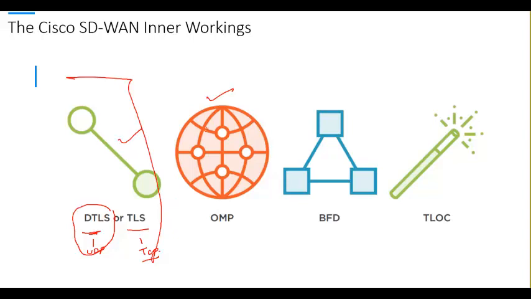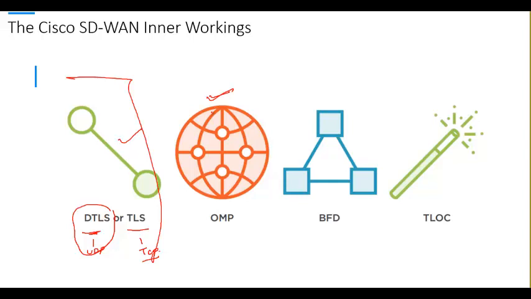That's over. Now we are in OMP. OMP is a protocol that is providing the control plane information by gathering the network topology, the networks across the topology.